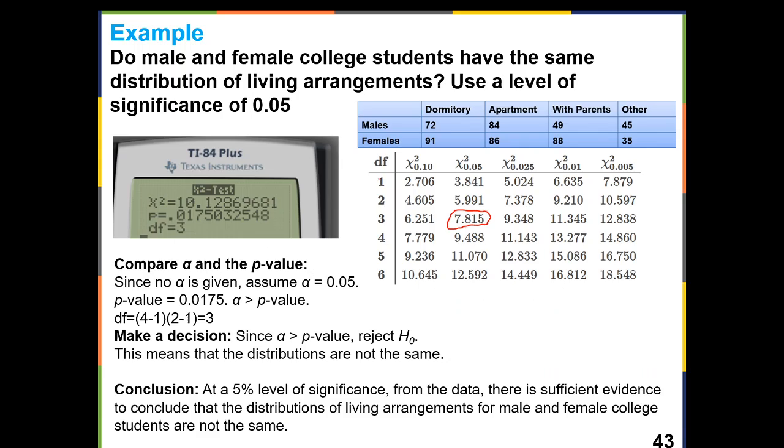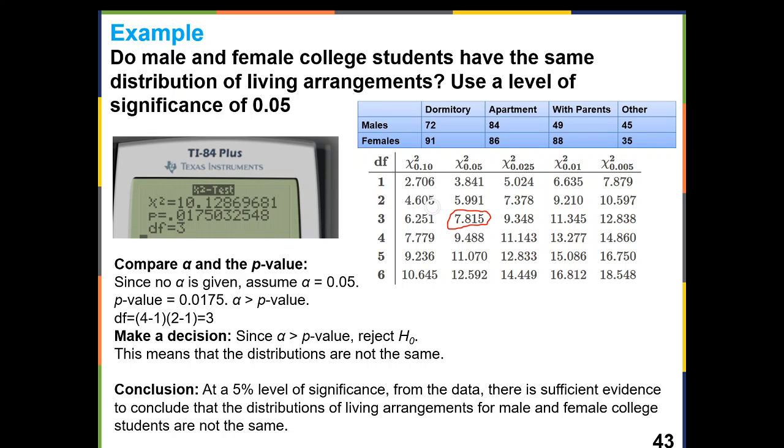So in this case, our p-value is 0.0175, and is smaller than alpha. Our degrees of freedom is found the same way. The number of rows minus 1 times number of columns minus 1, so it's 3 times 1 is 3.